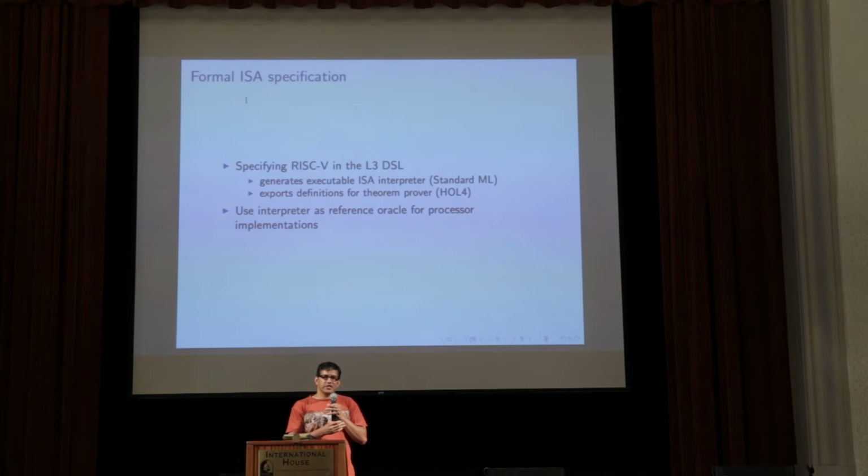And on the other side, you can generate formal definitions for a theorem prover. And the theorem prover it currently uses is HOL4. Right now I'm using the interpreter as a reference oracle for the processor. This is not fully done yet. I'm just trying to make sure it executes existing RISC-V code properly, especially the RISC-V tests.